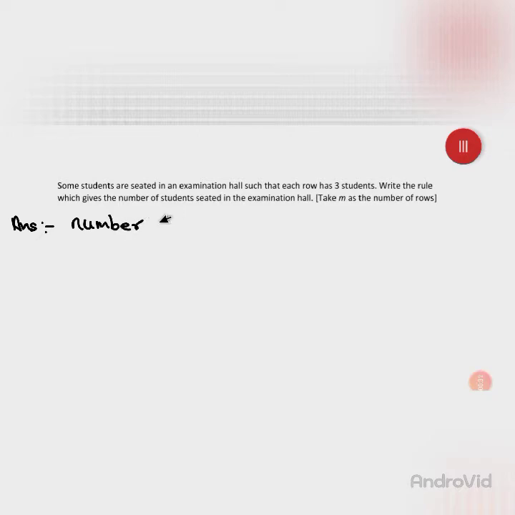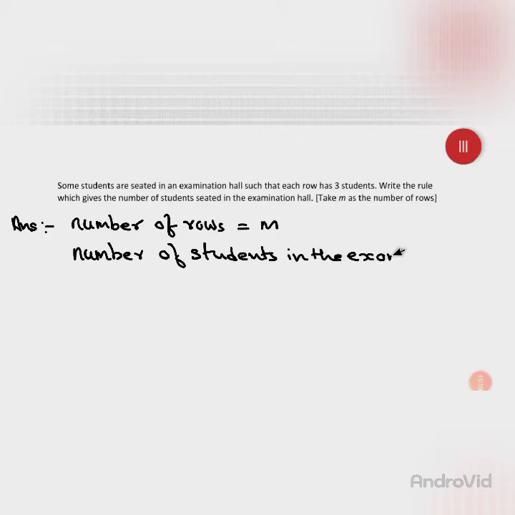Number of rows is given M, and in each row there are 3 students.